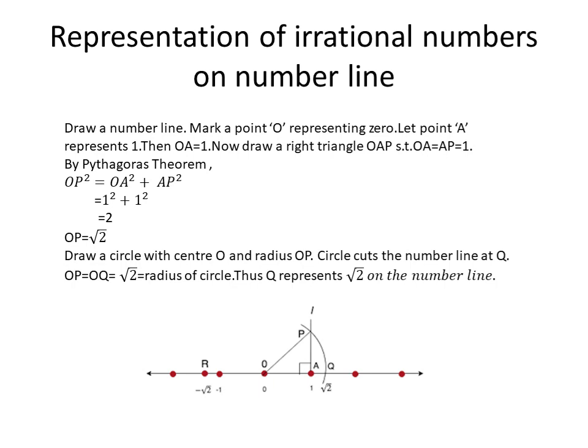By Pythagoras theorem, we arrive at OP square is equal to OA square plus AP square, which is equal to 2. Then OP will be root 2. Now, draw a circle with center O and radius OP. Circle cuts the number line at Q. OP will be equal to OQ, which is equal to the radius of circle, and it will have value root 2. Thus, Q represents root 2 on the number line.